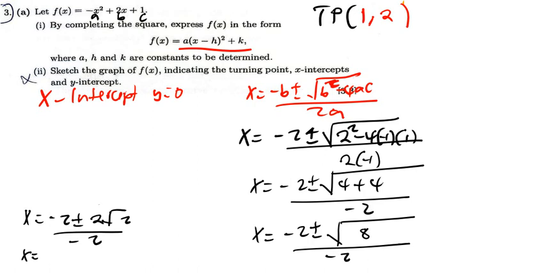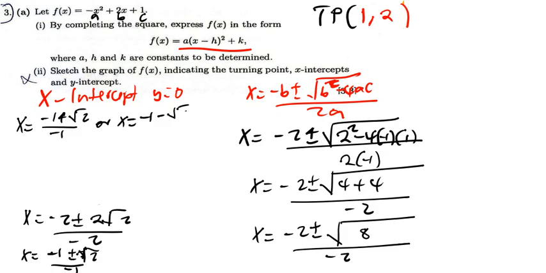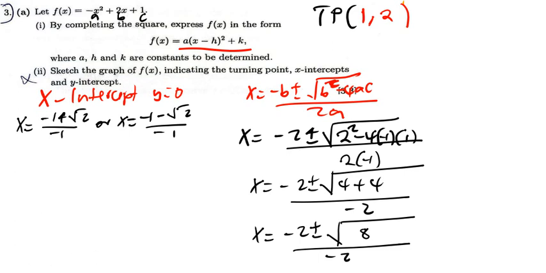So it's going to be negative 1, then plus or minus root of 2, divided by negative 1. So x will be equal to negative 1 plus root 2, divided by negative 1, or x will be equal to negative 1 minus root of 2 divided by negative 1.